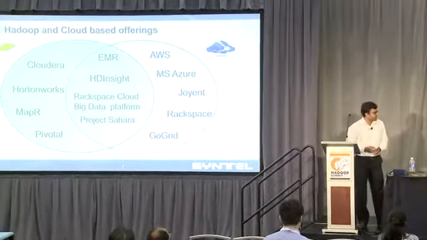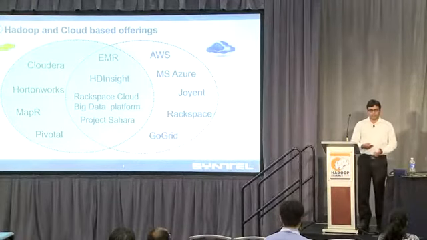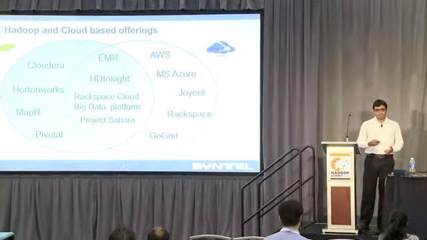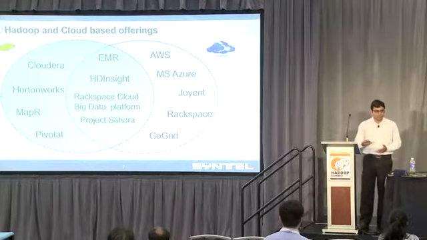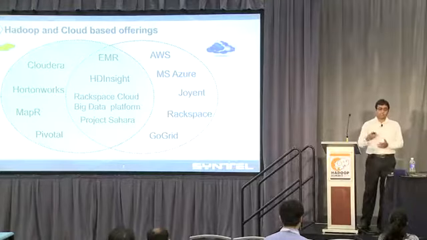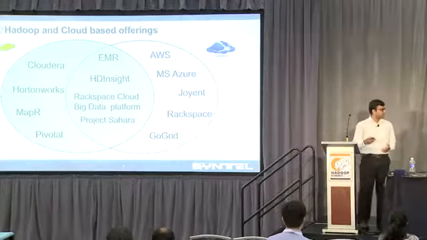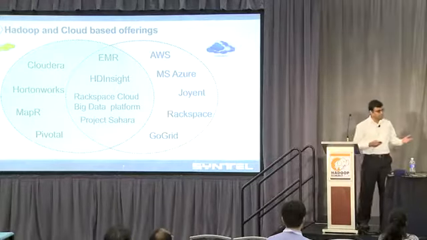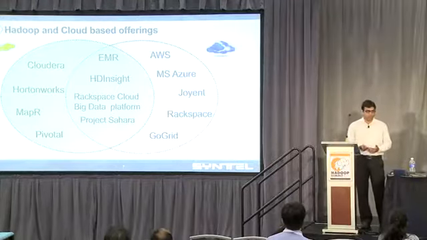Another similar offering is from Microsoft, HDInsight, which is Hadoop as a service on MS Azure, a very good fit when you have a Microsoft ecosystem and need to integrate Hadoop with those types of applications. There are also similar offerings from other vendors.